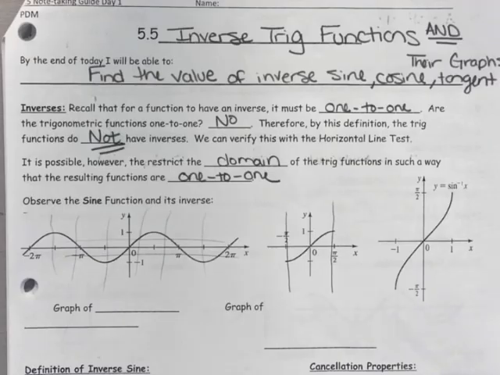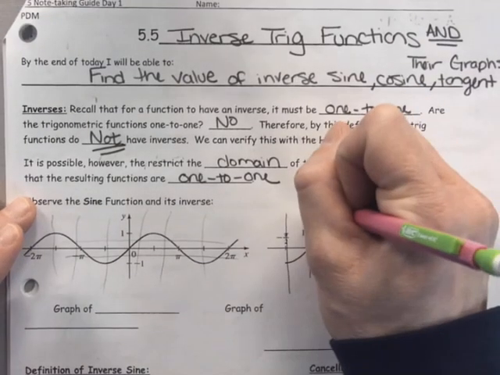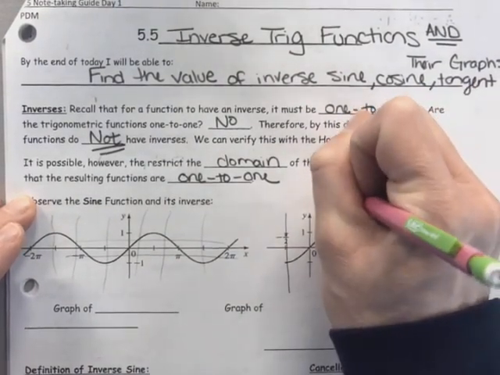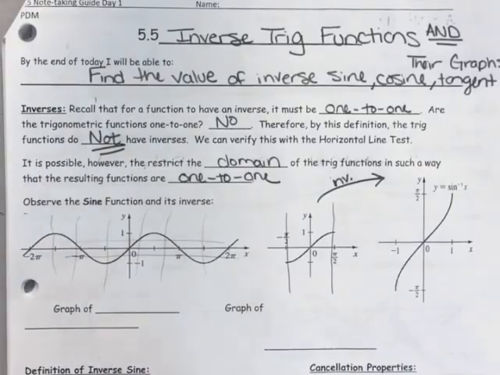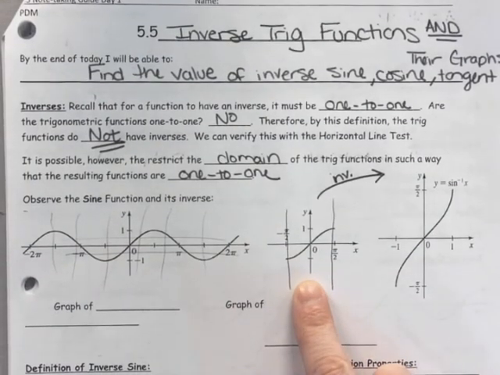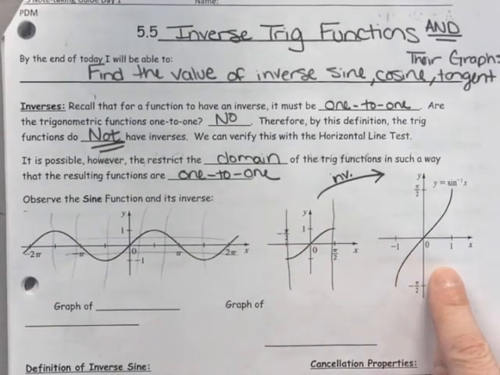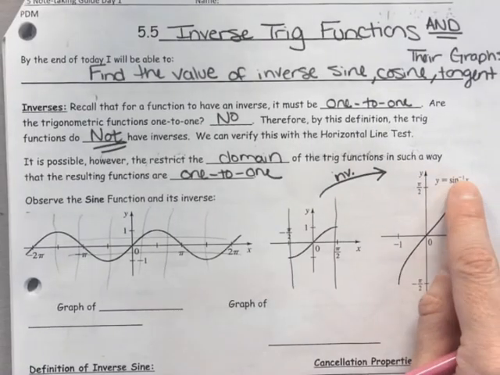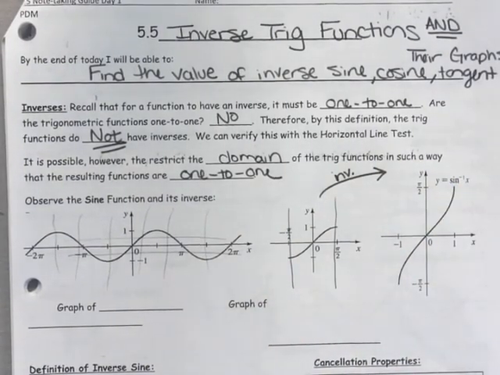And oh look, here's its inverse. Remember, the inverse is a reflection over the line y equals x. So from here to here, we're going to the inverse. So this is my graph of sine with the restricted domain, and then this is the inverse. Do you remember that -1 up there in the exponent spot means inverse?